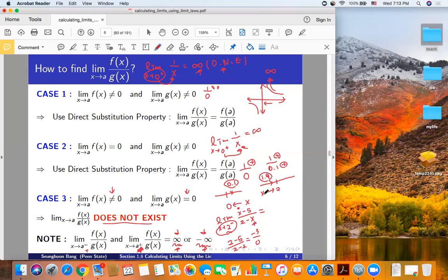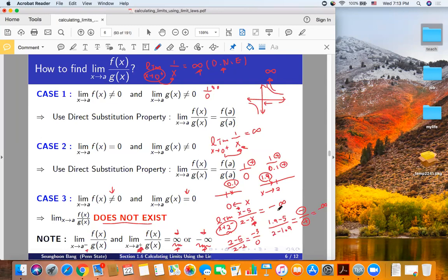You plug 1.9 into the top and the bottom. 1.9 minus 5 is negative. 2 minus 1.9 is positive. So the answer is negative infinity.